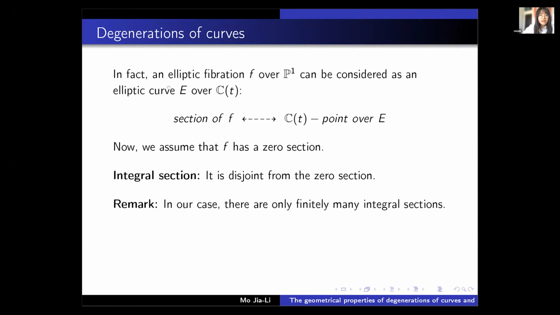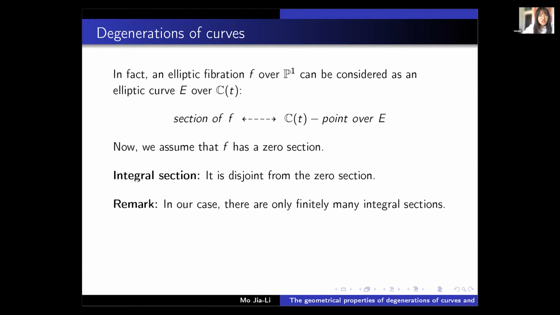In fact, an elliptic fibration F over P1 can be considered as an elliptic curve E over C(t). We all know sections of F are in one-to-one correspondence with C(t)-points of E. Now, we assume that F has a zero section.